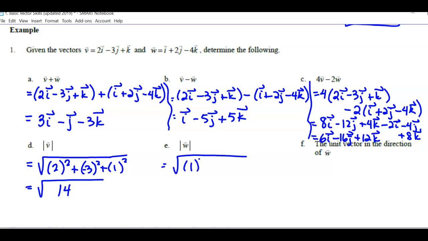For w, 1 squared plus 2 squared plus the square root of 4 squared. Because remember, when you're multiplying these values, that really simplifies to (1, 2, negative 4), right? Here, this is equal to (2, negative 3, 1), because of those standard basis vectors.